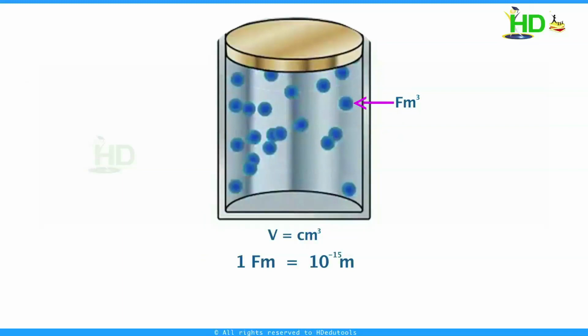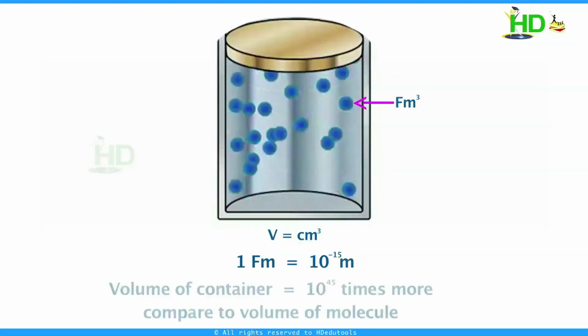That means if you compare the volume of container, the volume of the molecule is very small. It is around 10 power minus 45 times of that of the container. That means the volume of the container is 10 power 45 times more compared to the volume of the molecule.